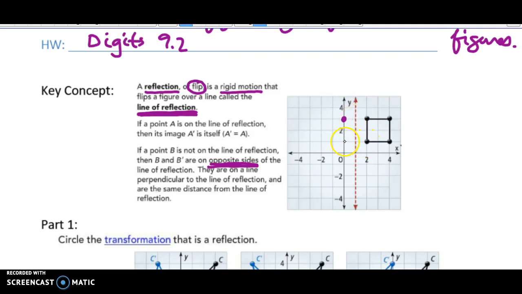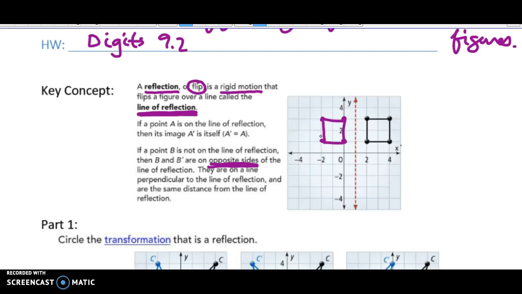Similarly, down here, we could map this point here. And then this point is 1, 2, 3 units away from the line of reflection. So I need to map its image 1, 2, 3 units across the line of reflection. So we would map this image right here.